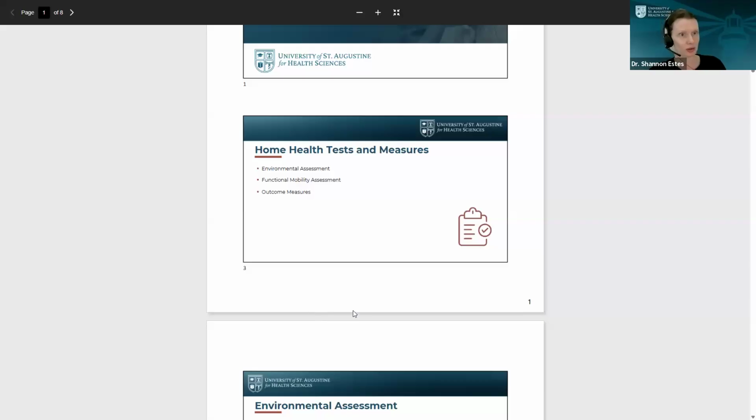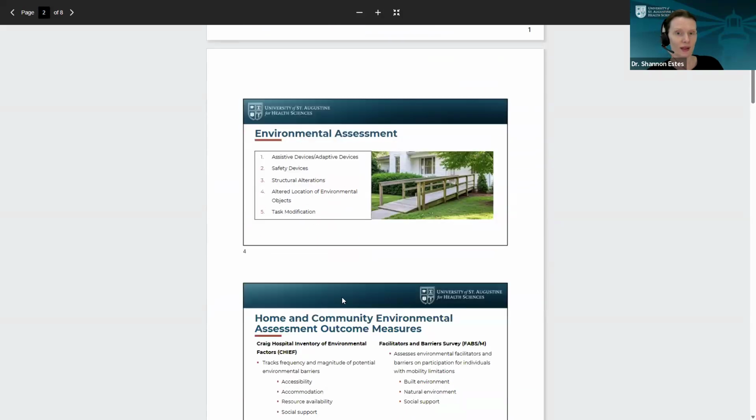And for campuses that haven't gotten to this yet, don't worry about it till you get to this, which should be this week. But for example, here in home health, they talk about a variety of tests and measures. A lot of times we're focusing on these, right? Functional tests and outcomes. This environmental assessment on the top there, that's what those two outcome measures specifically are talking about.